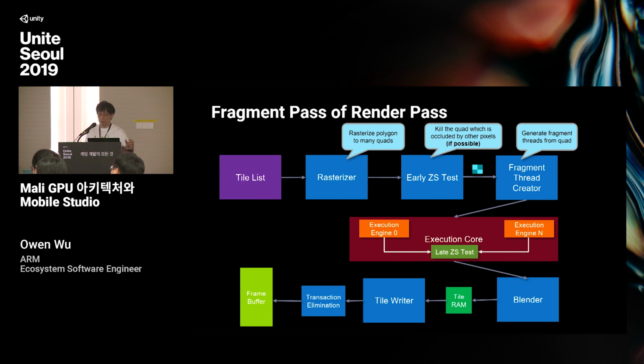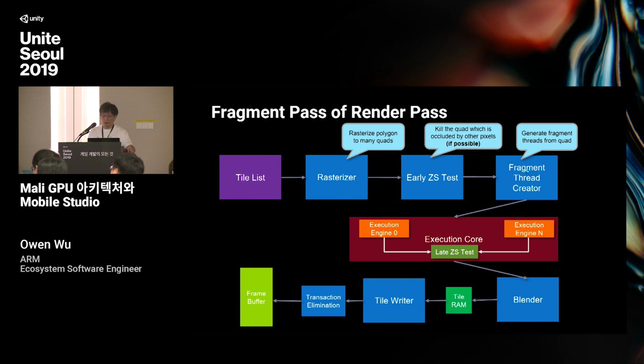But if the fragment is using a discard instruction, alpha to coverage, or writing depth in the shader, the quad will skip the early Z test and do the late Z test. Early Z test will kill any quad which is fully occluded by other pixels.